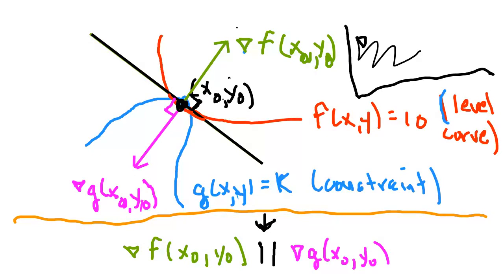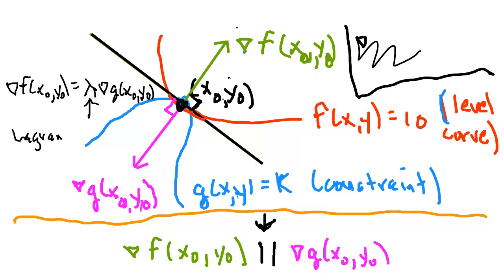The gradient vector of f at the point x naught, y naught equals lambda times the gradient vector g at the point x sub 0, y sub 0. This lambda is what's known as a Lagrange multiplier.